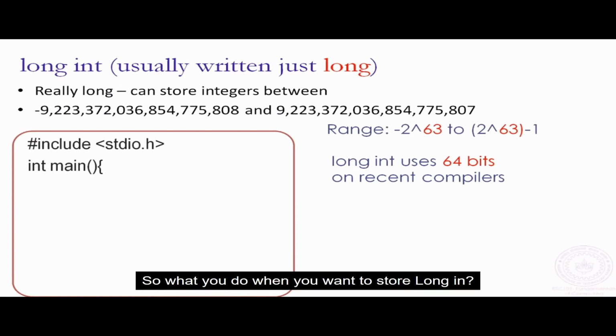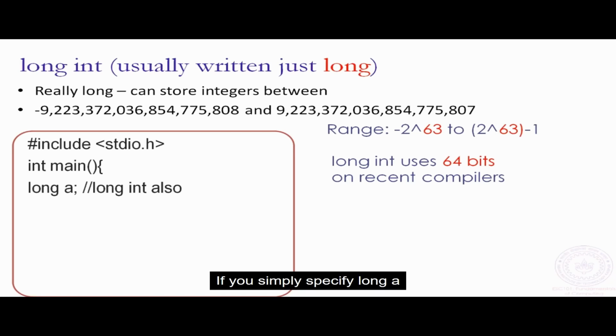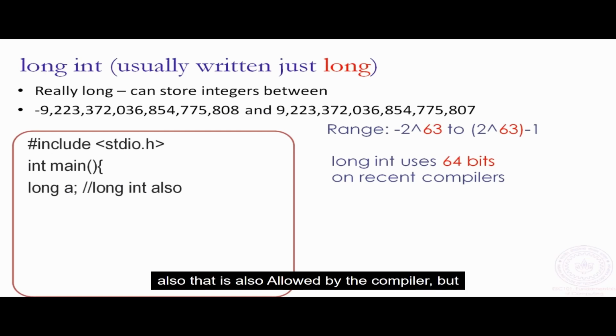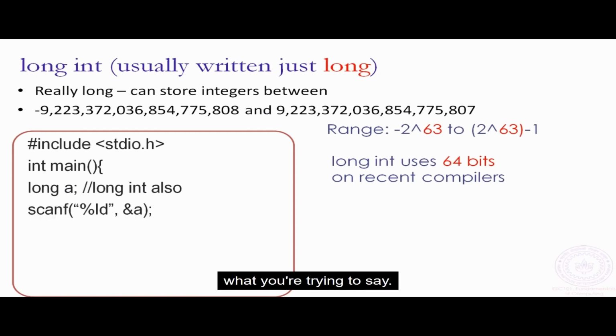So what you do when you want to store long ints is you simply specify long a. You can say long int a also. That is also allowed by the compiler, but you can just say long also, and the compiler understands what you're trying to say. And the placeholder for this is percentage ld. So d is for integer and l is for long, just for your reference.